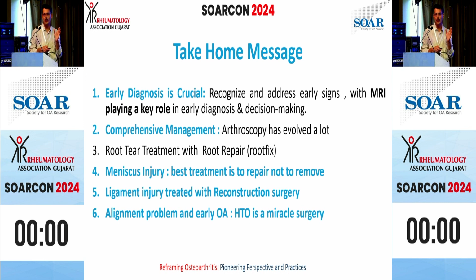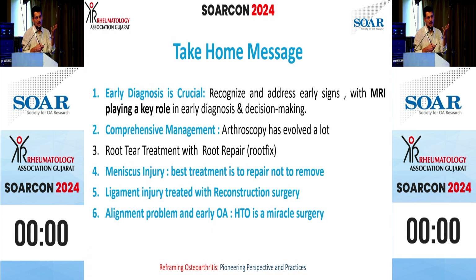Arthroscopy has evolved a lot from the meniscectomies which were done in the past. Today we are not recommending meniscectomies, and we are able to repair the meniscus in most cases, and that will restore the biomechanics of the knee. Root tear treatment, as I emphasize, is a very common missed diagnosis.